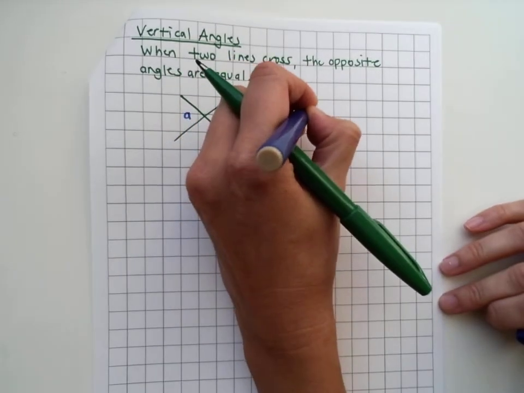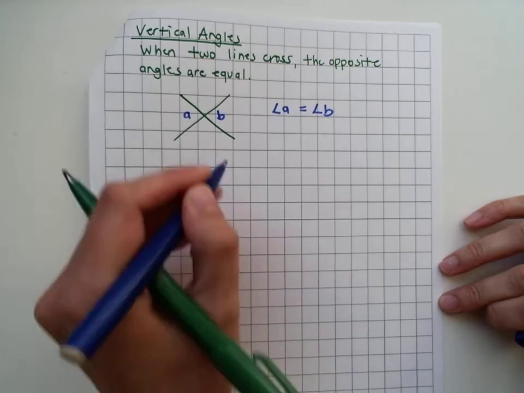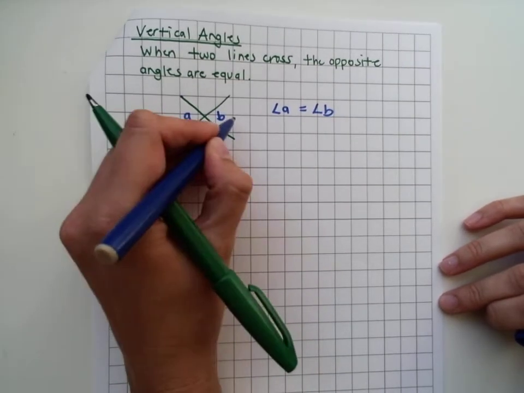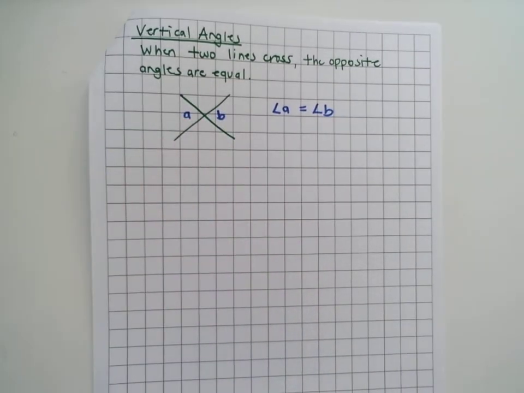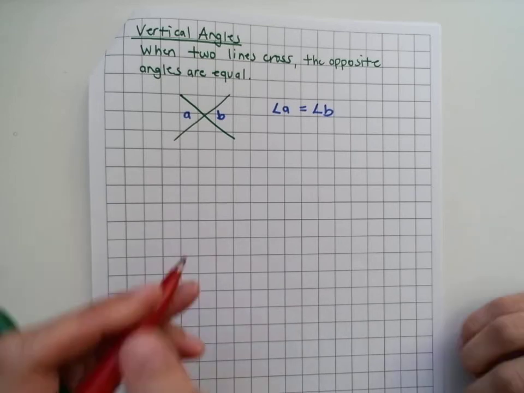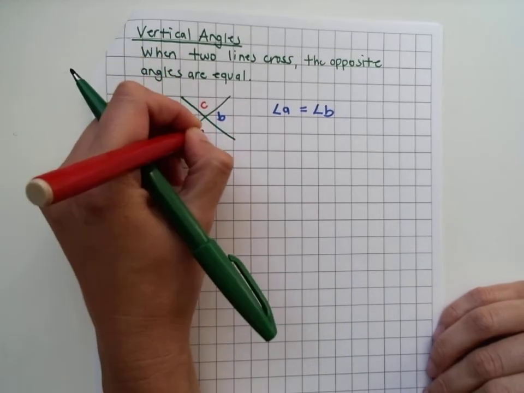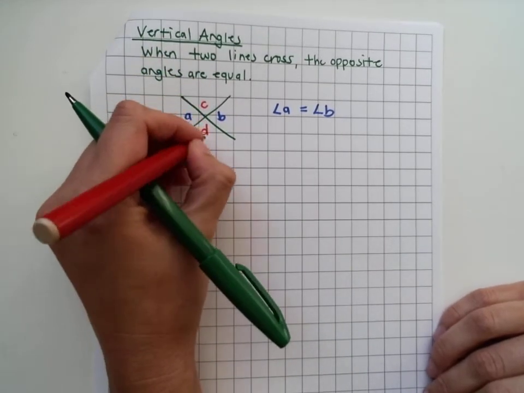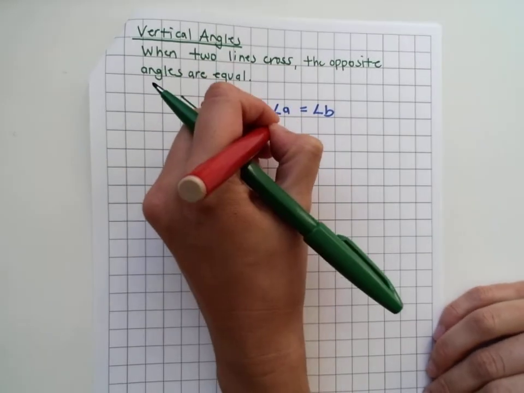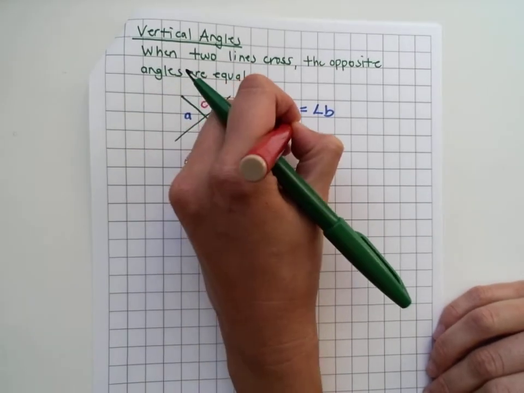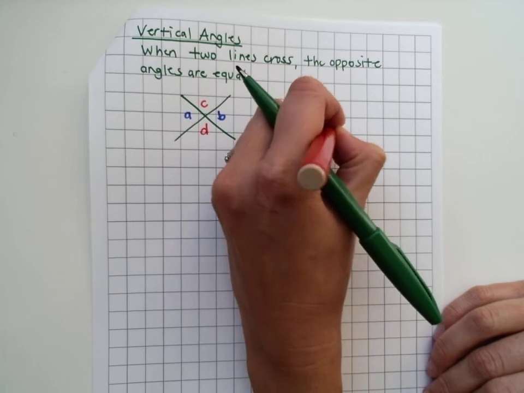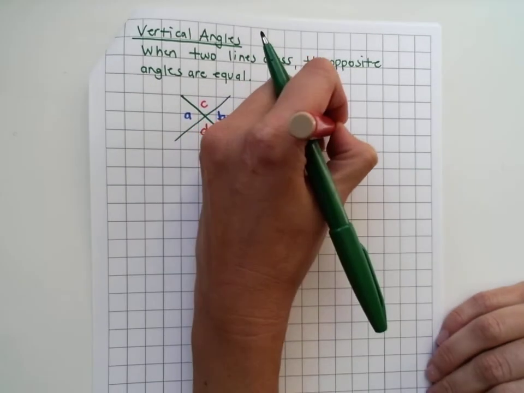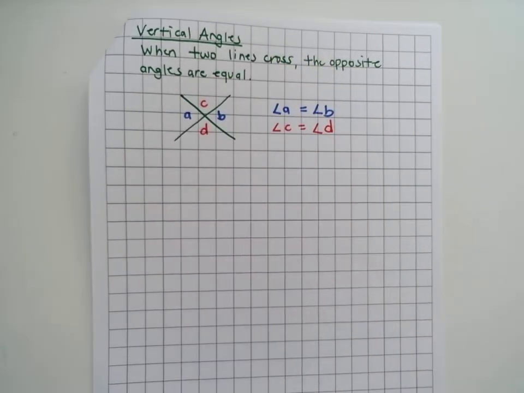Angle A is equal to angle B. These are vertical angles because they are opposite of one another. And then these angles, we'll call this one C and this one D, they are also opposite of each other, which means they are equal. So angle C is equal to angle D.